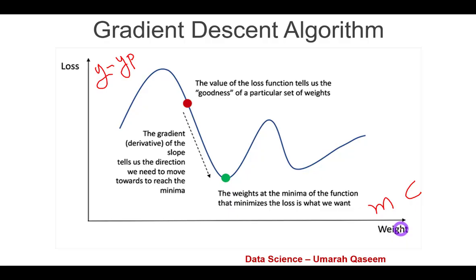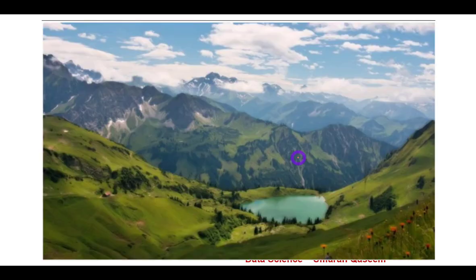They are the weights. Okay, before looking at this graph, I think you should consider this image. Here you can see that we have two mountains, and this is the minima point between these two mountains, and this is your goal. You have to reach this place, and you are placed randomly anywhere.